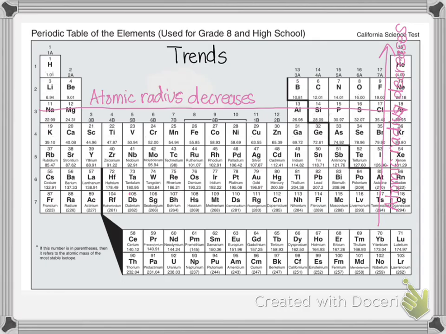So also along this same line, we did atomic radius. We also did metallic properties. So metallic properties decrease as the atom gets smaller.